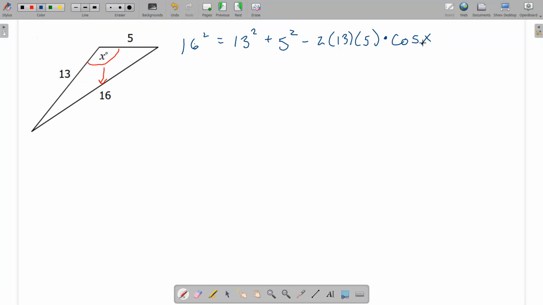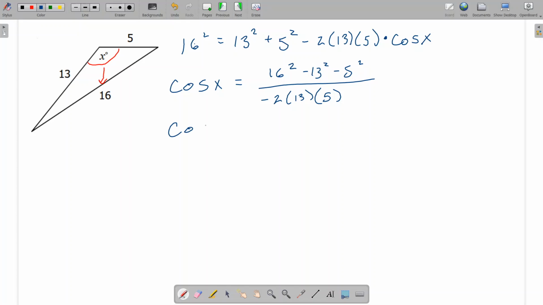And then I'm just going to solve for cosine of x. Okay, cosine of x is going to be equal to 16 squared minus 13 squared minus 5 squared, all divided by negative 2 times 13 times 5. So I'm going to simplify this first, and then we're going to do inverse cosine.